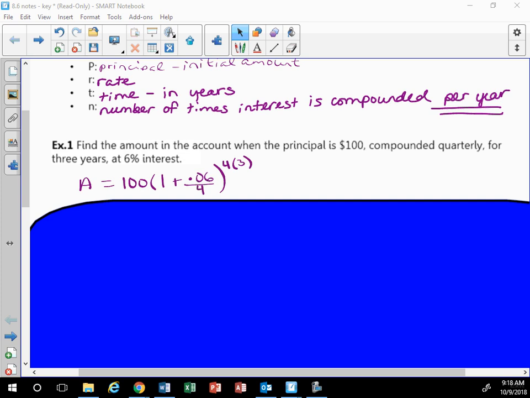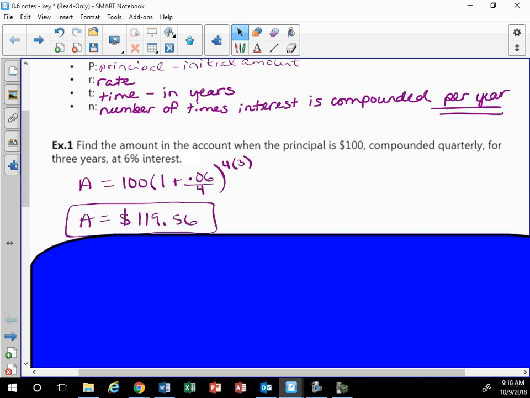Well, first, guys, it's money. What do you think we should be rounding to? We're not going to go nearest whole number. What can we go to? Yeah, nearest hundredth. We want nearest penny, right? Okay. You should be getting $119.56.